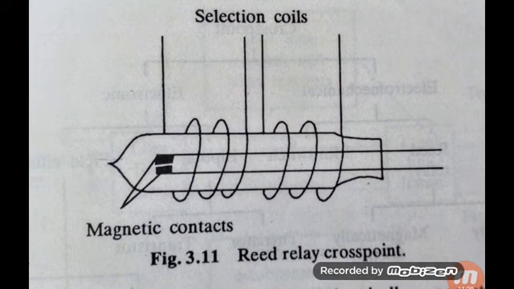A reed relay crosspoint determines how many groups or latches are formed, and it forms track lines or transfer lines to share information from one place to another. At the same time, it extends the life of the internal data systems. A reed relay may be latched electrically or magnetically, forming groups.